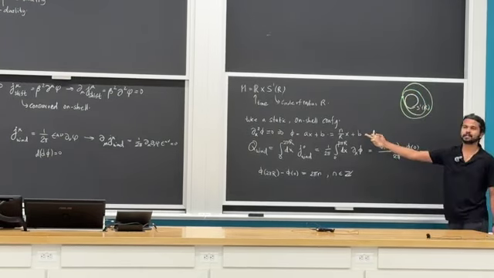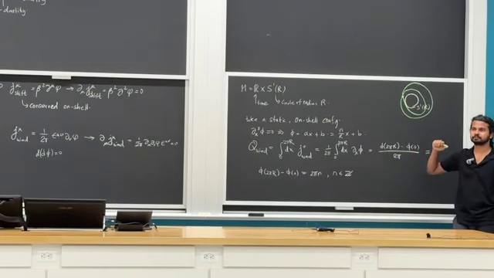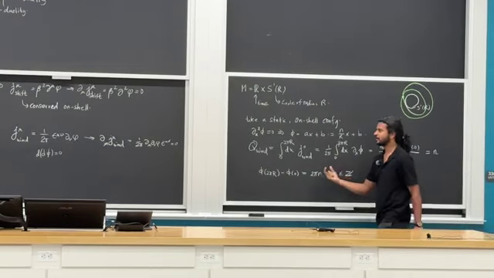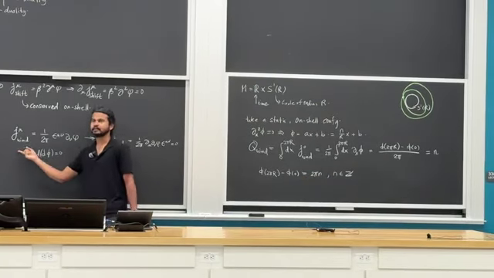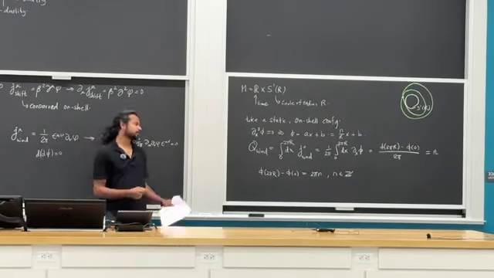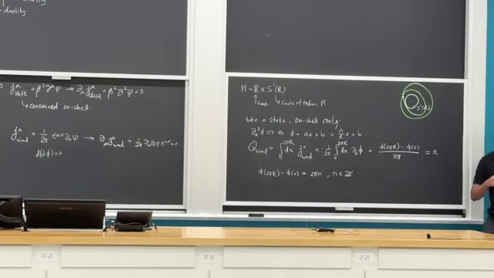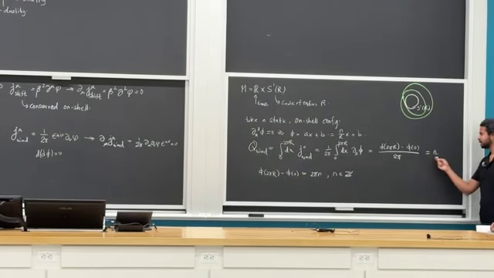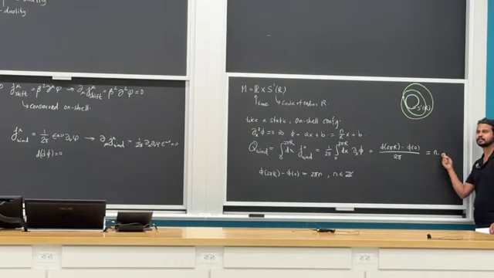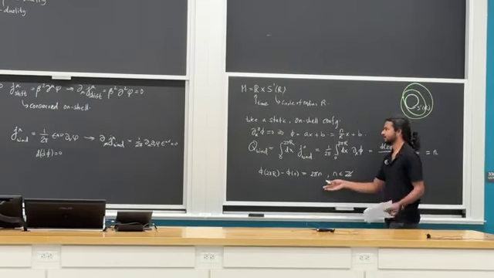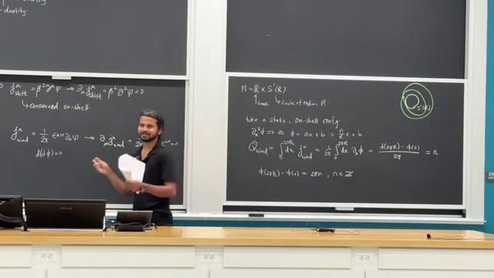So I will have n equal to 2, for example. And that's the reason why we called it the wind current, because the charge corresponding to the current counts how many times our field phi winds around space. And winding is quantized in the sense that winding is always an integer, not because of quantum mechanics, but because of topological reasons.